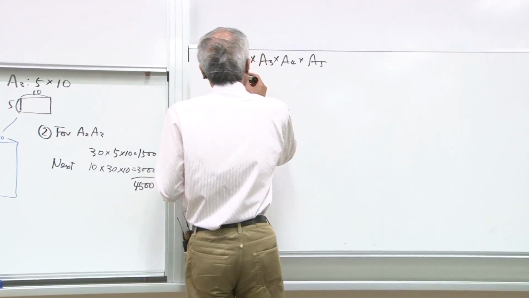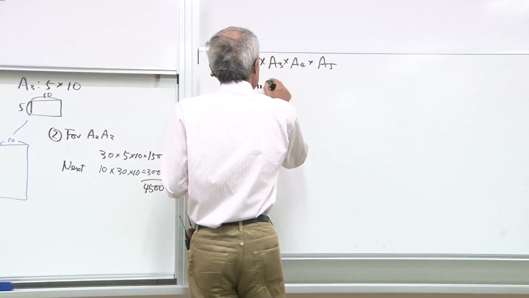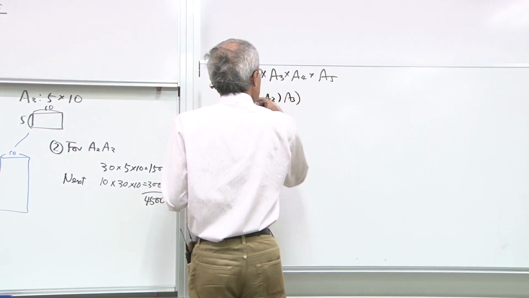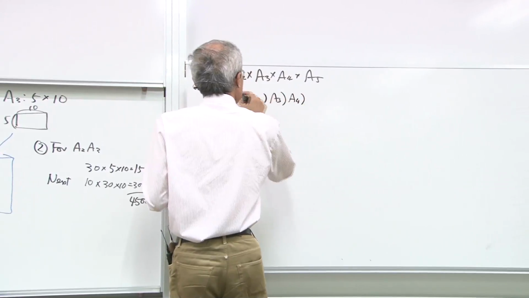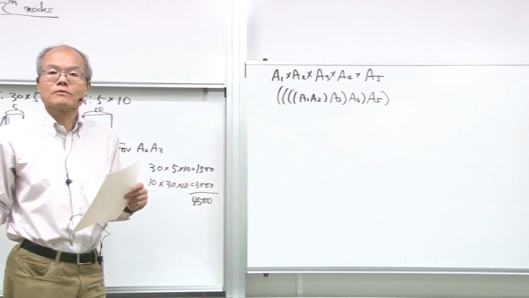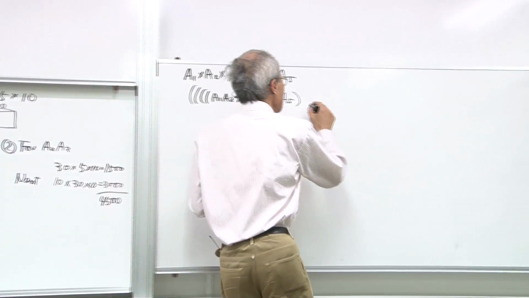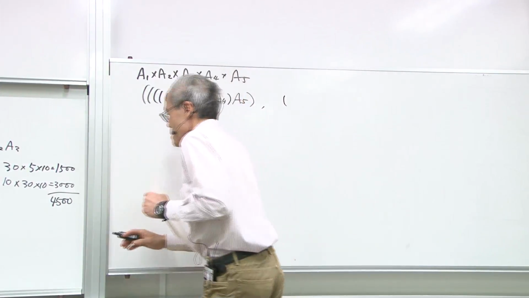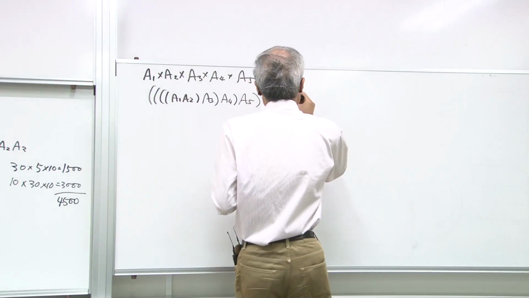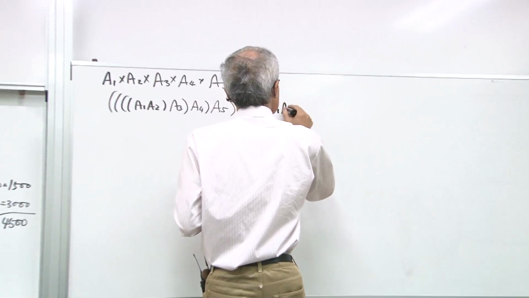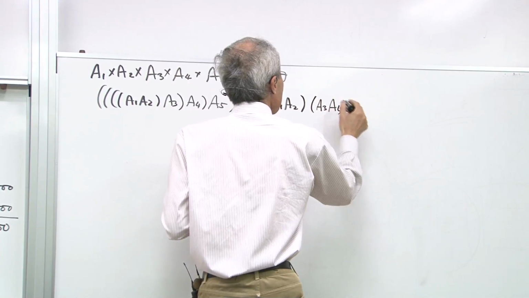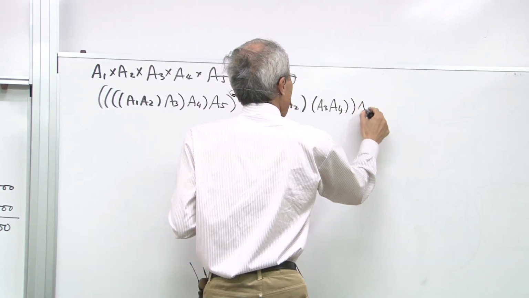Maybe we can do A1, A2 first, then A3, then A4, then A5. This is one order. Or maybe A1, A2, A3, A4, A5.